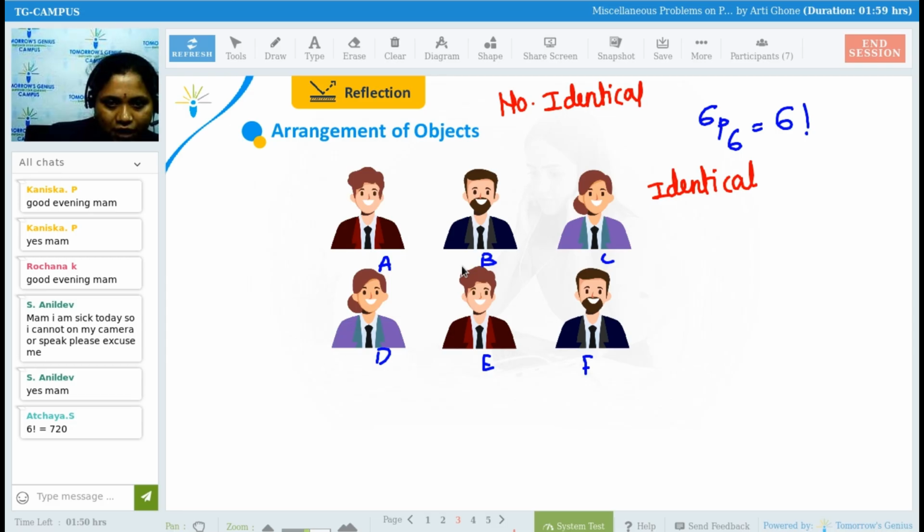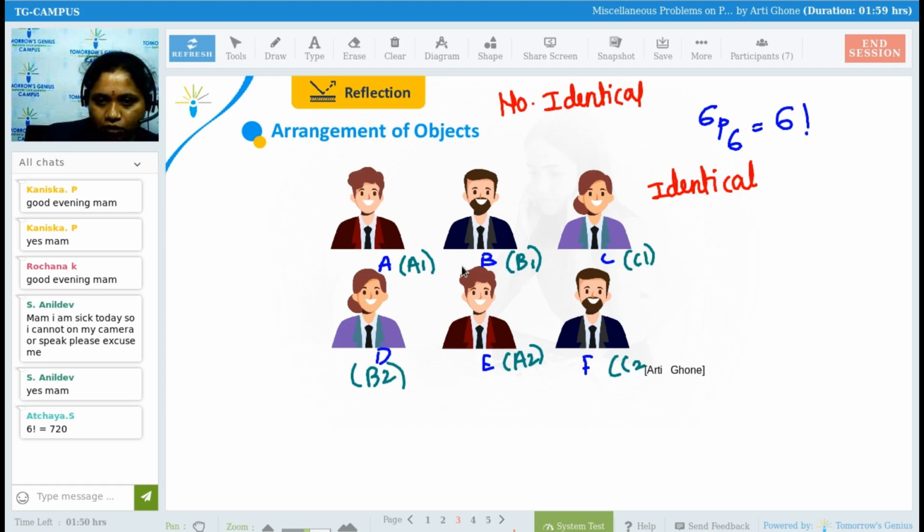Considering the same question with the identical pattern, this is A1, this is A2, this is B1, this is B2, and this is C1 and this is C2. Clear? So how many identical units are there? 2, 2, 2 each.